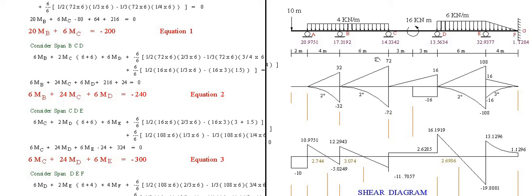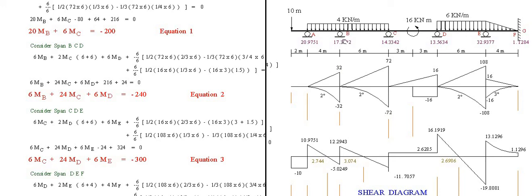To solve this, we have to create 5 equations. We have already created the first equation, and that is 2 span at a time, A, B, C.